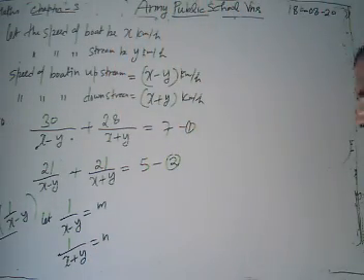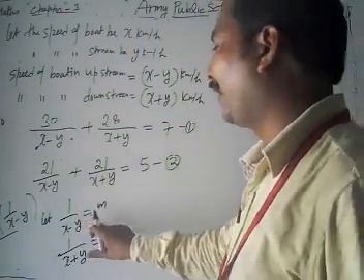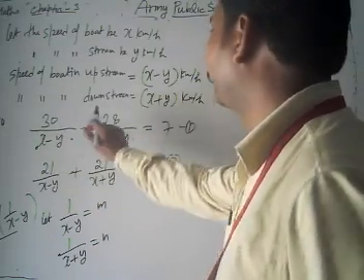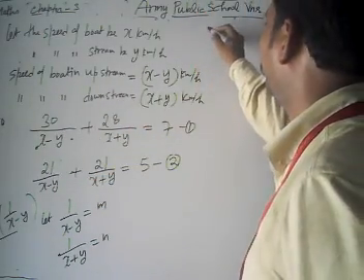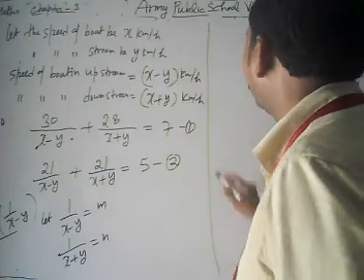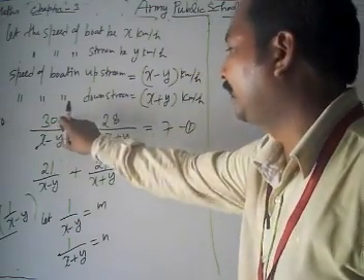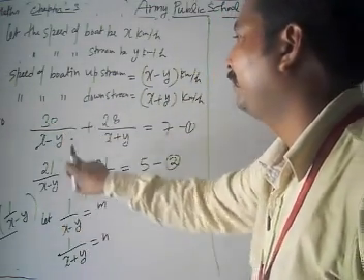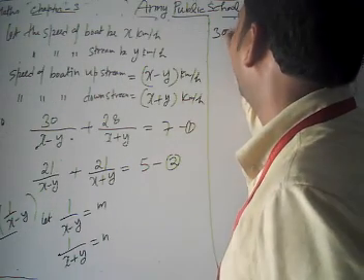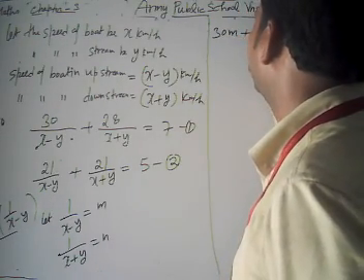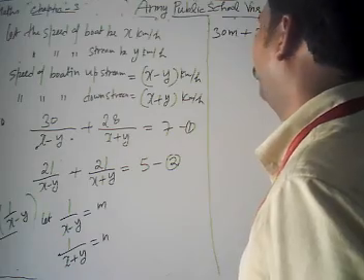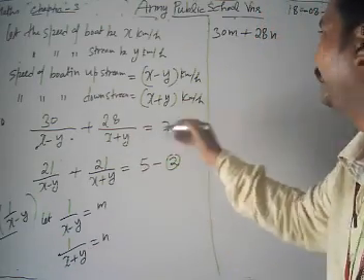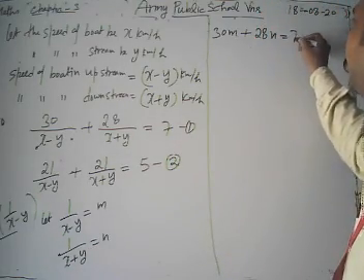Now we take 1 upon x minus y equal to m. Now our equation reduces to 30m plus 28n equal to 7.